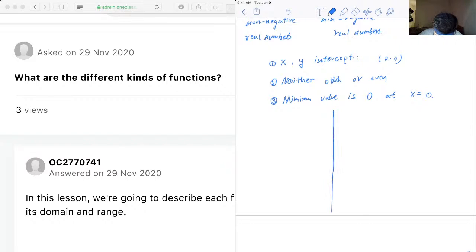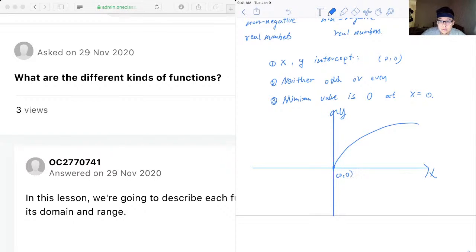Okay, and the graph should be something like this. So that's the x-axis, y-axis, and (0, 0).